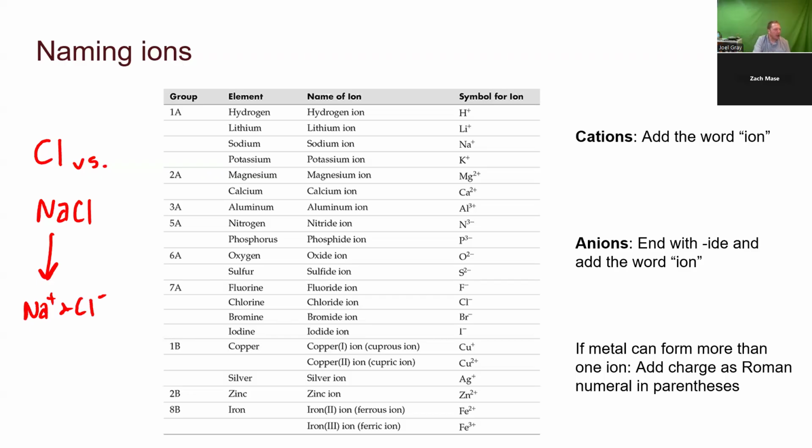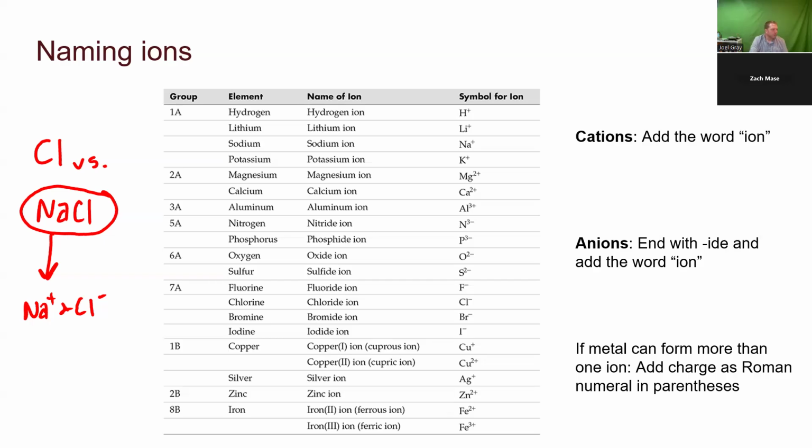Now, could anyone add to the chat the name of this compound? Not table salt, but the more technical name, sodium chloride. Now, that -ide suffix, the end of chlorine, has been replaced by -ide.